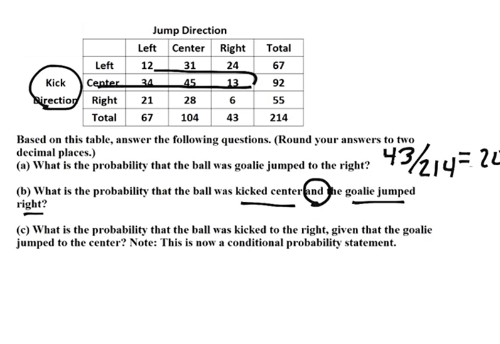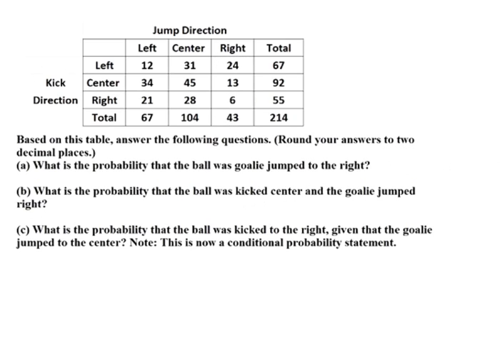It has to satisfy both those conditions, so it's in the center row and the right column, which is that 13 balls. And again, it's out of 214 total that were analyzed. So 13 desired out of 214 total is 0.21 if you calculate that.